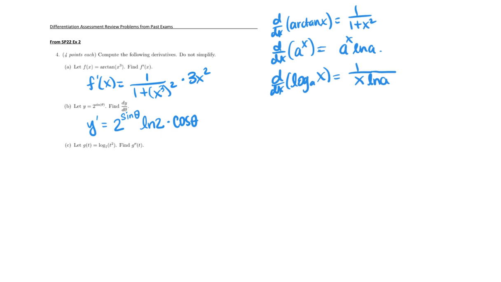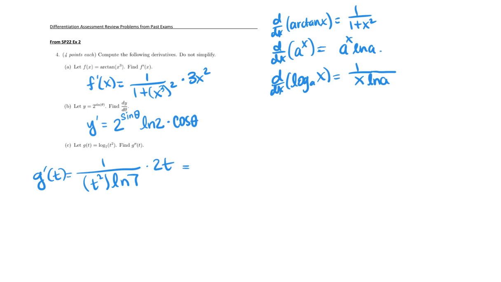Okay, and so here it's a chain rule with log base 7, so it'll be 1 over the inside part, which is t squared, times the natural log of the base, which is 7, and then times the derivative of the inside part, which is going to be 2t. So this is g prime of t is equal to that.